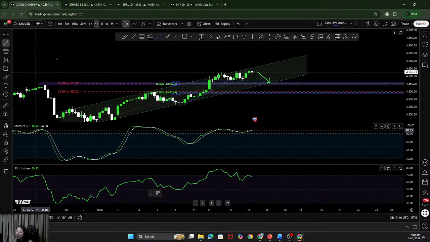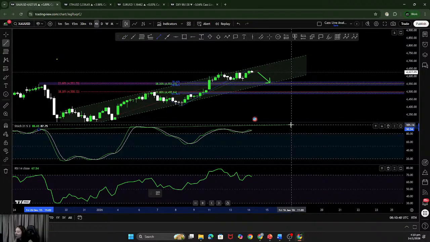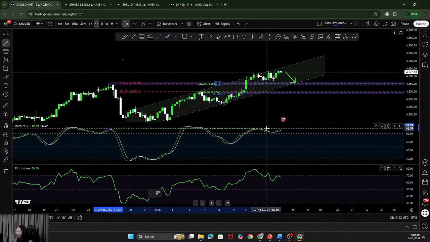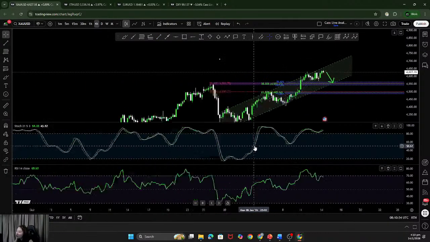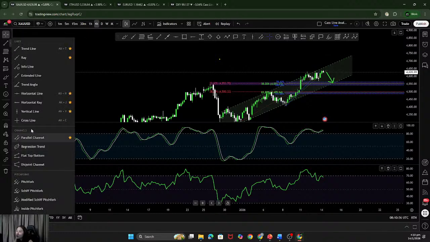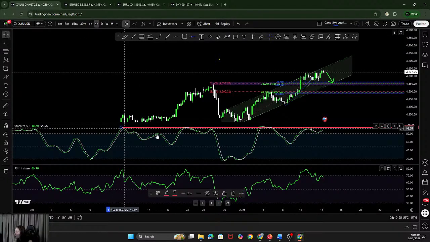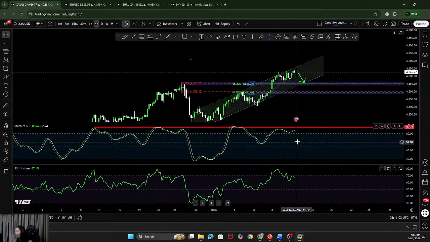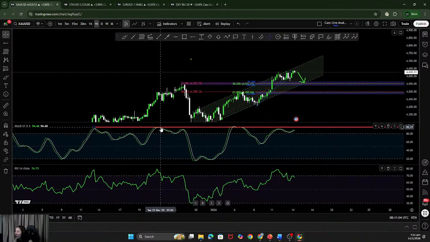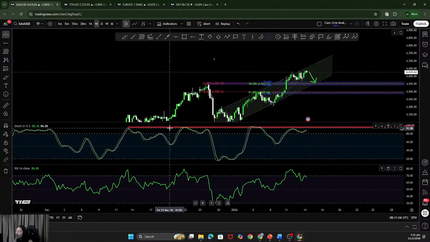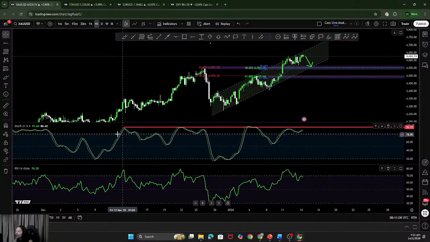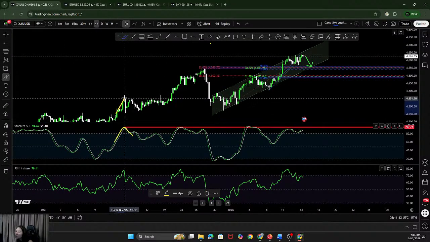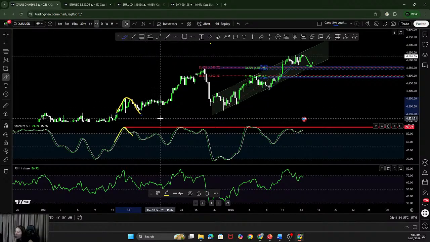I first need to mark up support and resistance. You can see this is an example of support and resistance. Every time price touches this red line on the oscillator, it's supposed to do the same thing, which is reverse.